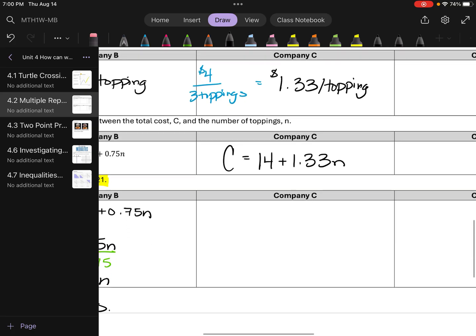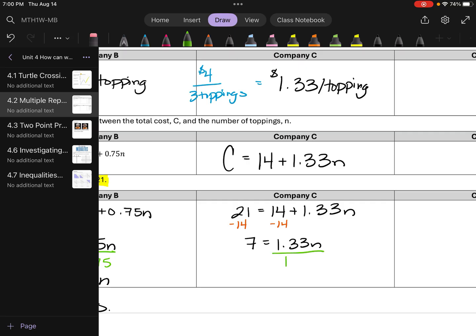And to figure out how many toppings you can buy for $21, you're going to substitute the 21 in for the C value, just like we did before. And we're going to work at getting the n by itself by subtracting 14 from both sides. I end up with 7 is equal to 1.33n.